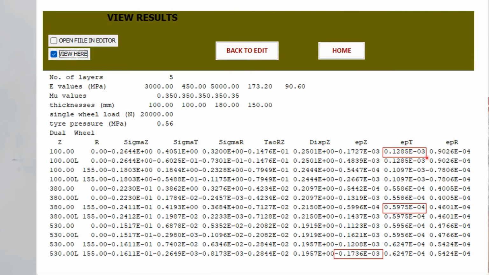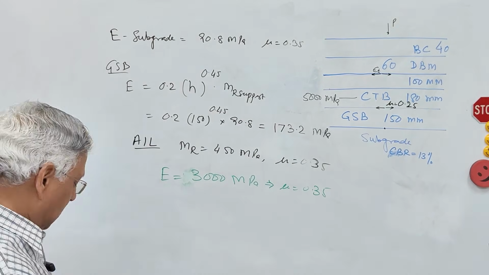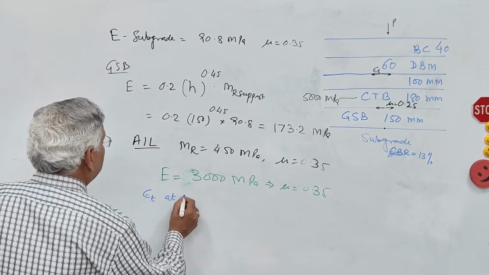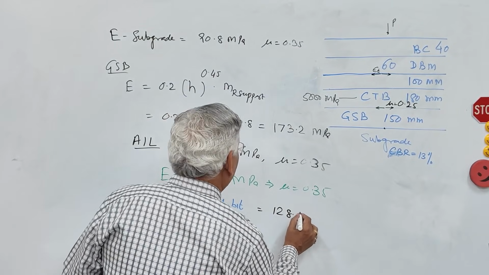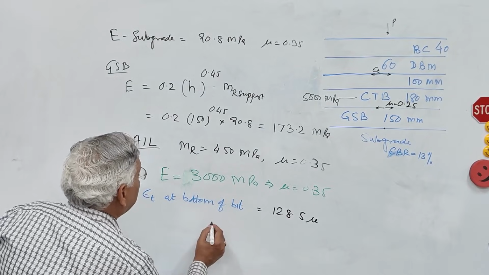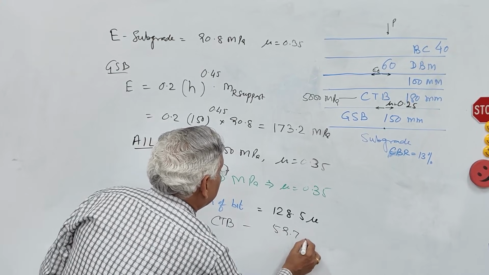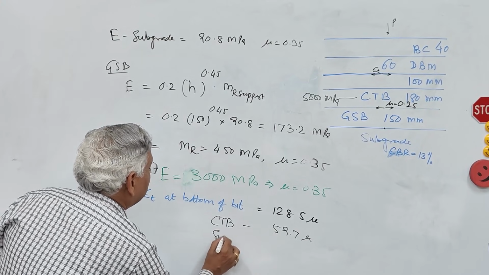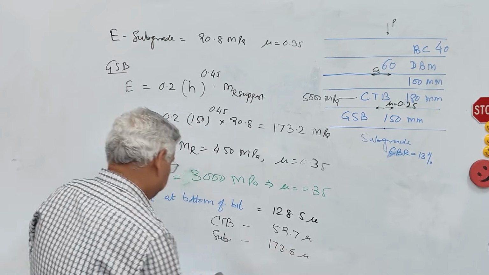That is the output. Now you got the strain values here. Take the highest of the first 4 values, the highest of the next 4 values, and the highest of the epsilon z last 4 values. The strain from the IITPAVE software, epsilon t at the bottom of the bituminous layer, is 128.5 micron. At the bottom of the CTB layer, this value is 59.7 micron, and at top of subgrade, this value is 173.6 micron.